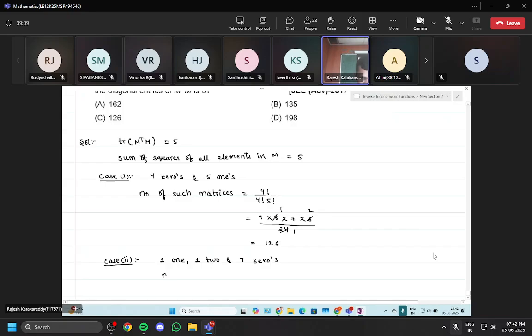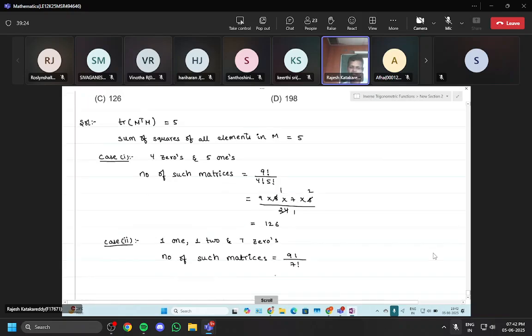Number of such matrices: again, permutation, so 9 factorial by 7 factorial into 2 factorial. 9 factorial by 7 factorial is 72.